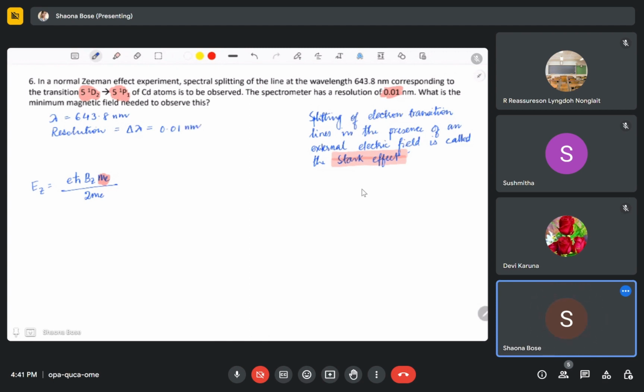Okay, and this equals 0.01 nanometers. And what they want is B.